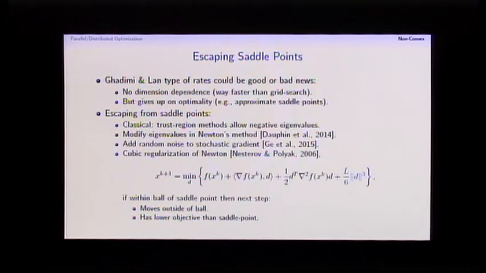And then in the cubic regularization paper, they looked at a second order method where you have a cubic term here, and they proved that once you get close enough to a saddle point, you actually move to something away from the saddle point that has a lower objective. So if you go to second order methods, you can escape saddle points. But there's been a few recent works proving that first order methods are also not going to converge to saddle points.